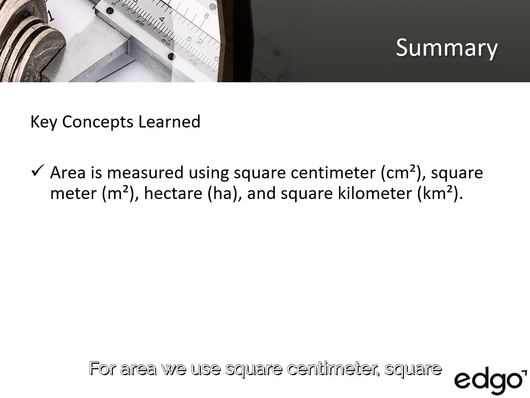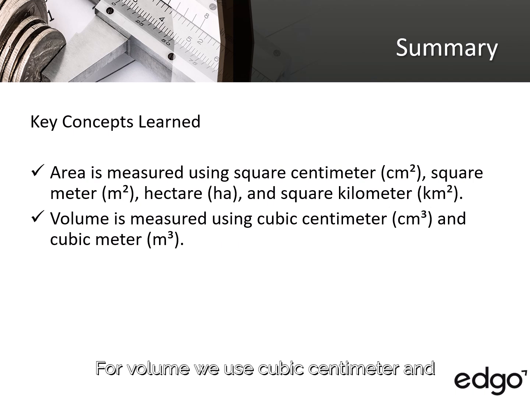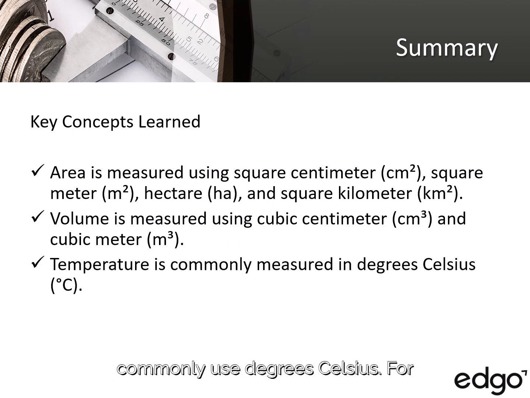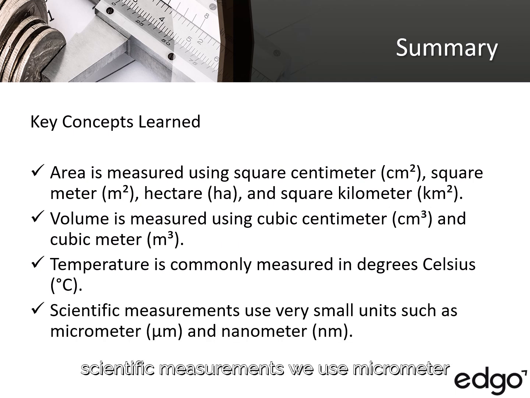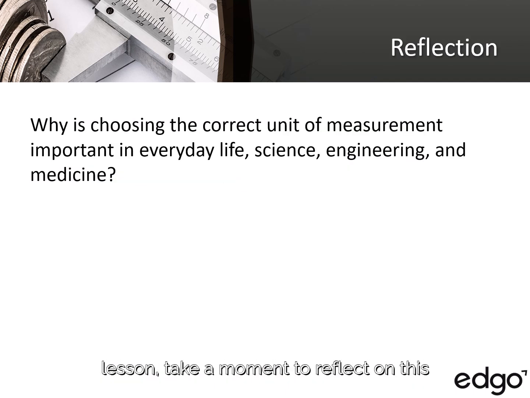For area, we use square centimeter, square meter, hectare, and square kilometer. For volume, we use cubic centimeter and cubic meter. For temperature, we commonly use degrees Celsius. For scientific measurements, we use micrometer and nanometer. Finally, remember that the appropriate metric unit depends on what is being measured and the size of the object or quantity.